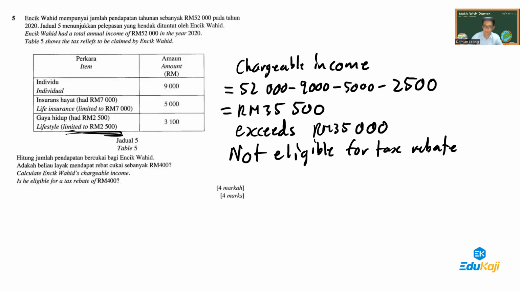Okay. Yeah. So if you minus 3,100, you'll go below 35,000, which is wrong. Okay, because there's a cap. There's a limit to it. Just like life insurance here, if he actually purchased like say 8,000, then I only can take up to 7,000. It cannot exceed the limit. Right?